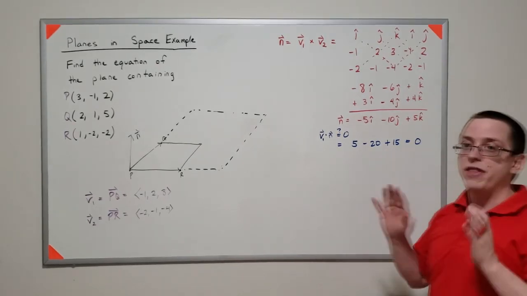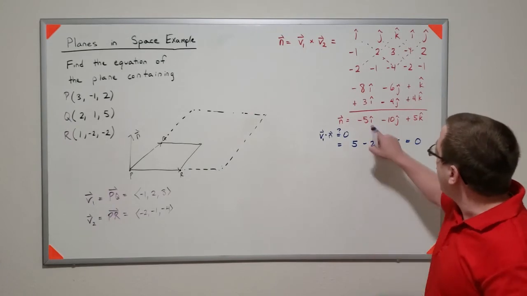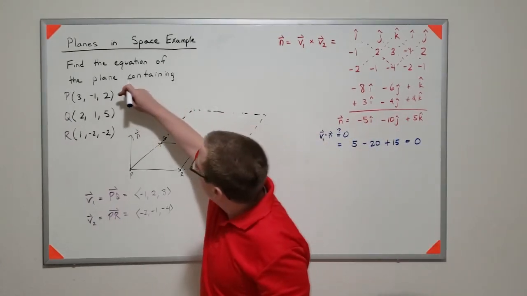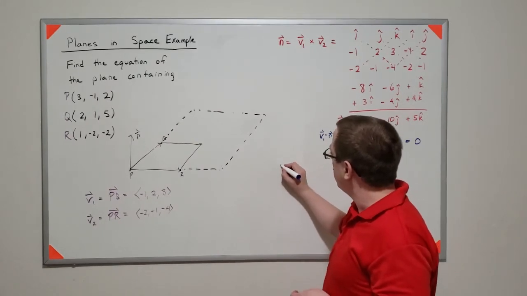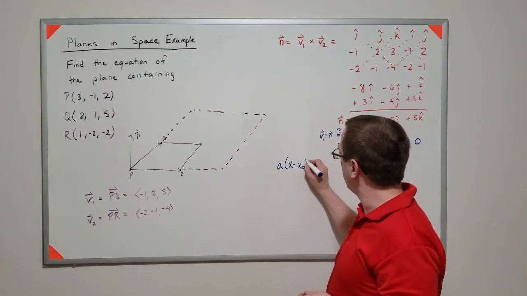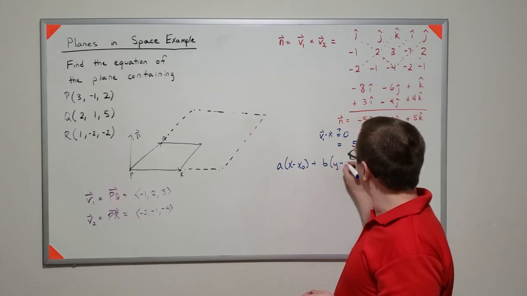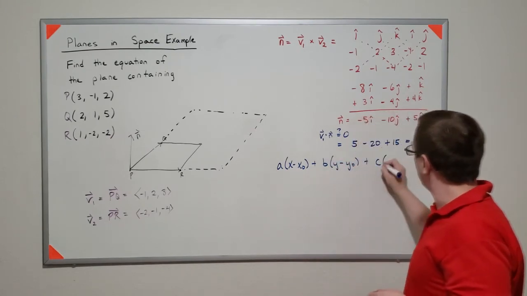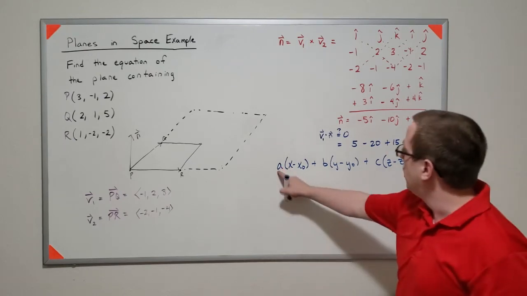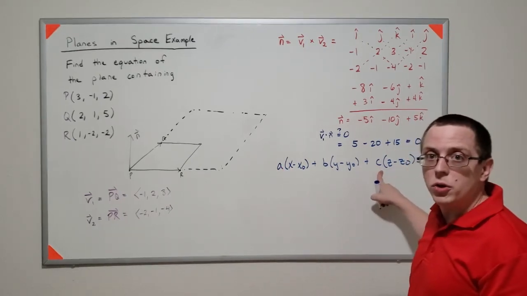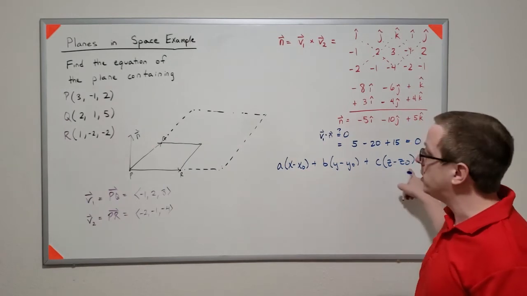Once we have that, we now have the normal vector and we have a point in space. So we can say the standard form is that where these are the components of the normal vector and these are the points in space.